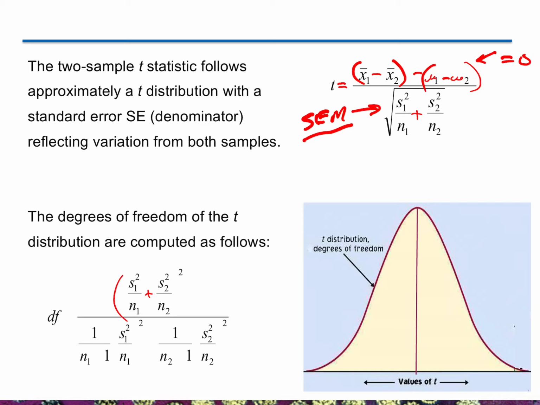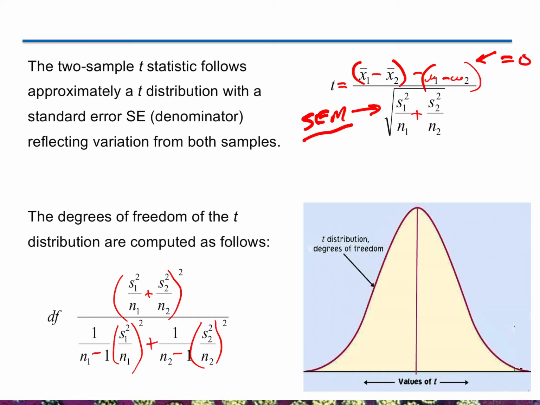All right, now this formula down here, which is quite complicated, is how we calculate degrees of freedom in the case of a two-sample t-test. I'm not going to ask you to calculate this by hand. It's just too complicated.